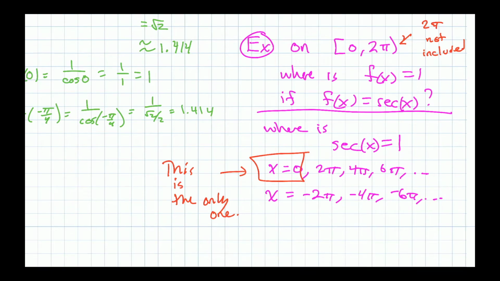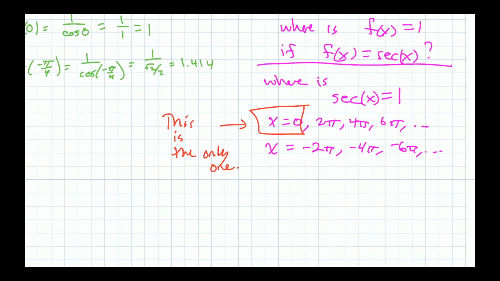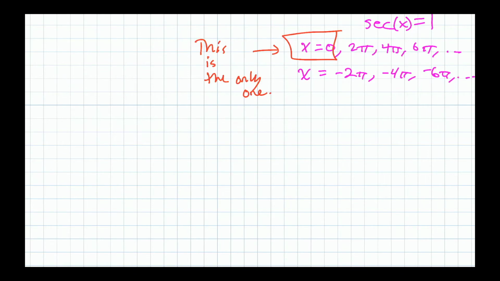All right. Now what else can they do? They can do some similar questions. For example, on 0 to 2 pi, where is secant x equal to, what could they do? Negative 1 maybe. Where does that happen?